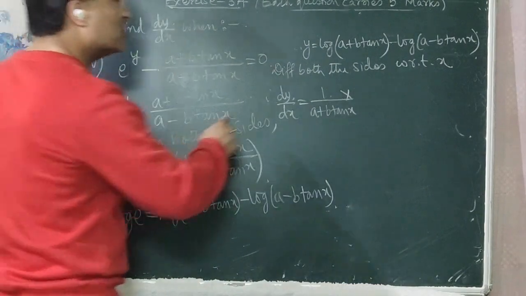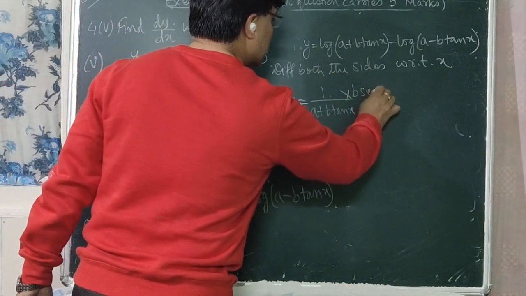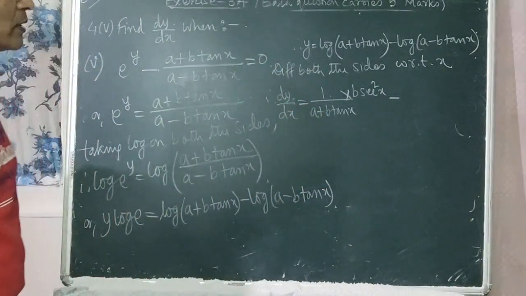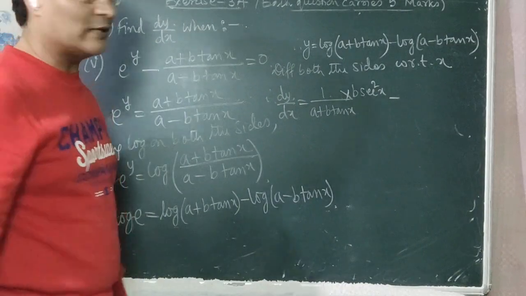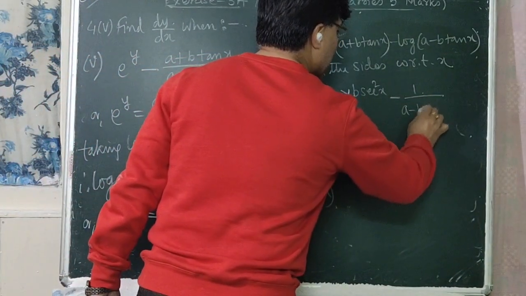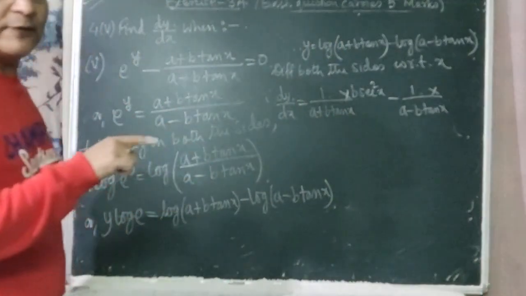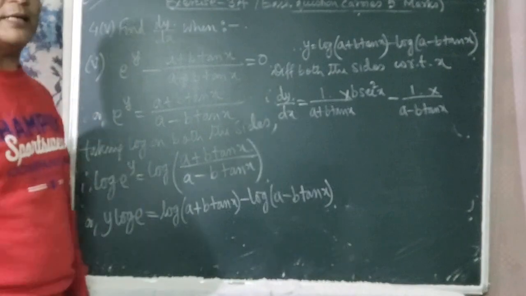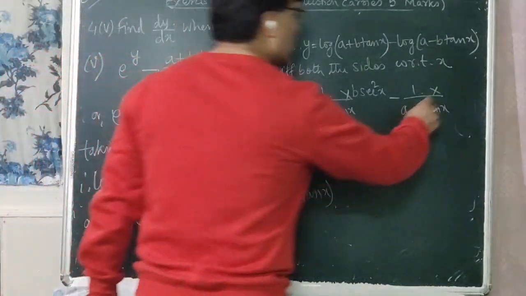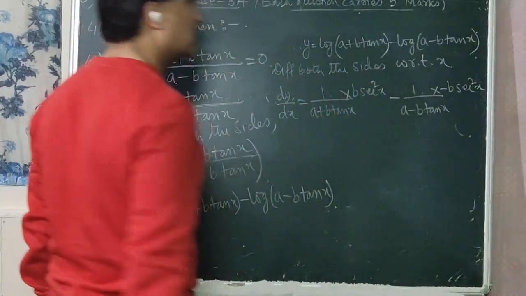For a it is 0, then it is b sec square x. Then minus sign is there. Again, log x is there, so it is 1 upon (a minus b tan x) into the differentiation of a minus b tan x, that is minus b sec square x.